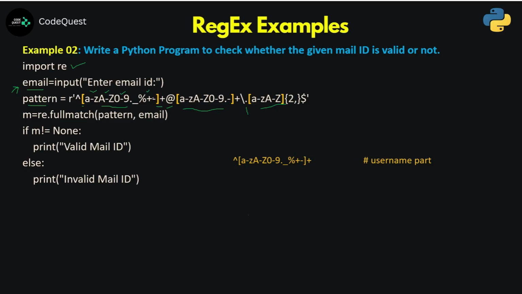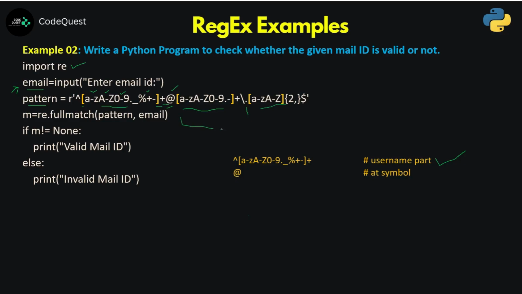So these are all the set of characters or symbols which you can consider for your username part. Once we are done with the username part, like I said, there is a mandatory @ symbol after this. So after the username is done, immediately there should be an @ symbol. Hence we have just added plus followed by this @ symbol, which is a mandatory one.